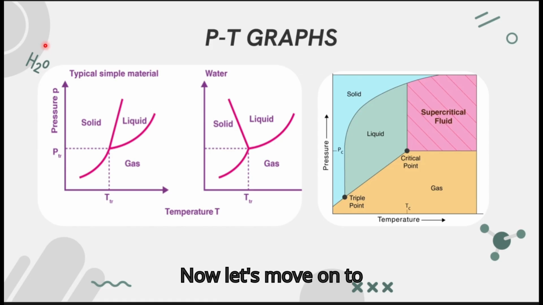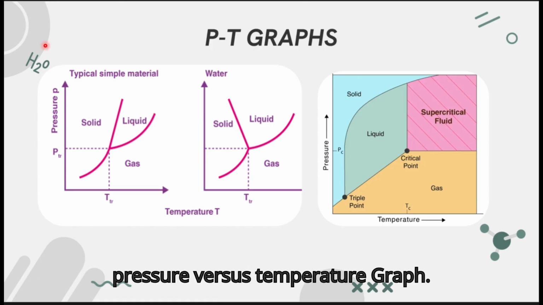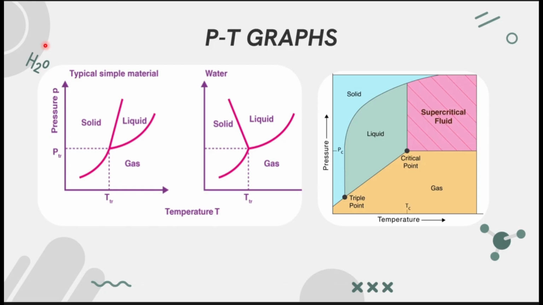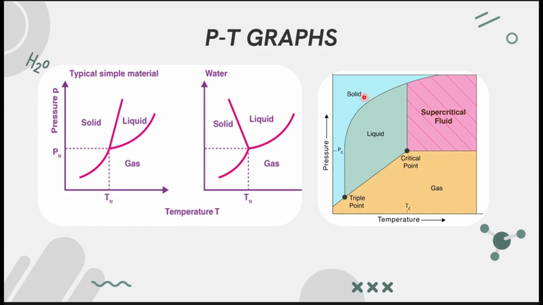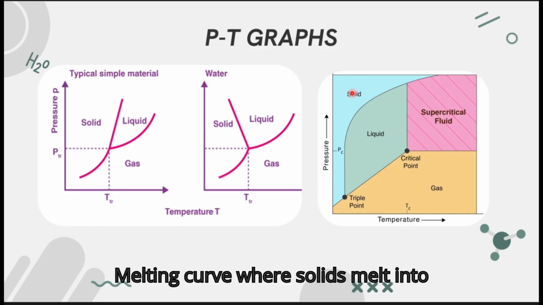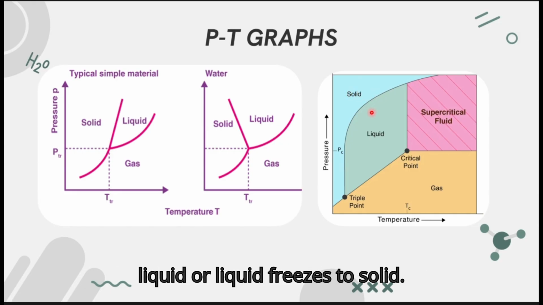Now, let's move on to pressure versus temperature graphs. The solid phase can exist at high pressure and low temperature, and its boundary is known as the melting curve, where solids melt into liquid or liquid freezes to solid.